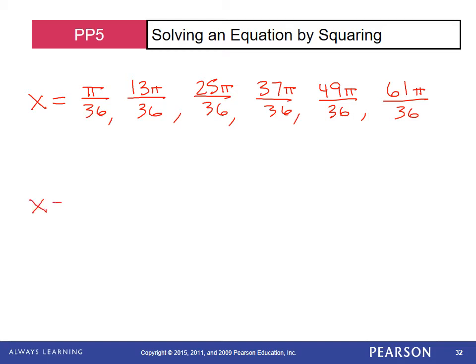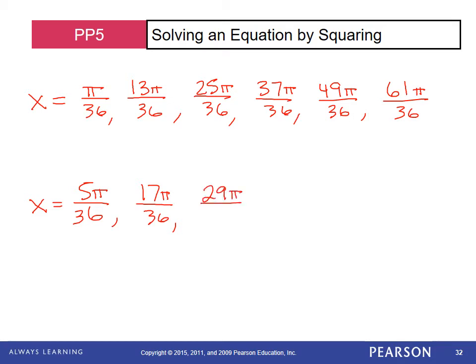Let's do the one with the 5 pi. Initial 5 pi over 36. Adding 12 pi over 36. Oh, sorry. I always keep on putting a 6 down. It should be 36. 17 pi over 36. Next. 29 pi over 36.